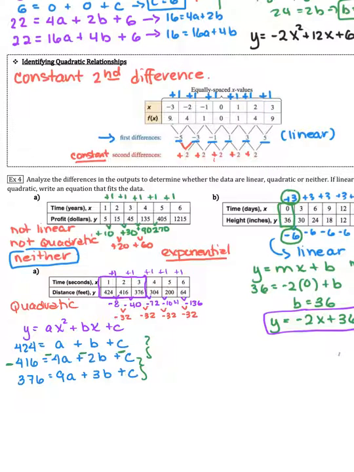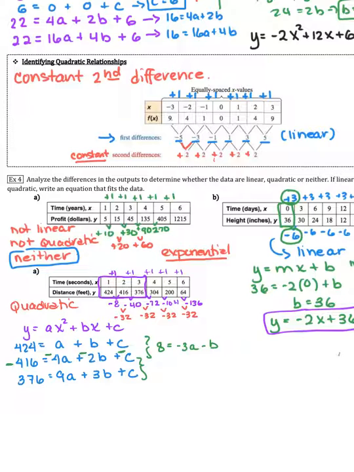So when I do that, we are going to get 424 minus 416, that's going to be 8. Negative 4 plus a is going to be negative 3a, and negative 2 plus b is negative b. So that's adding the first 2.